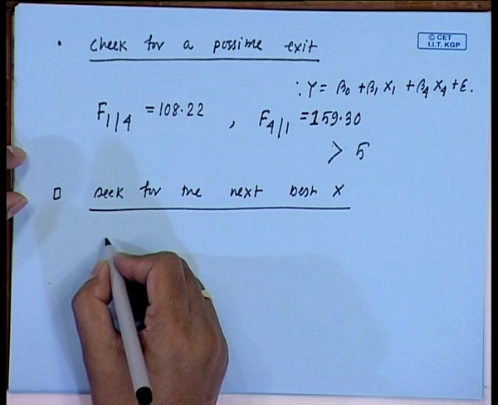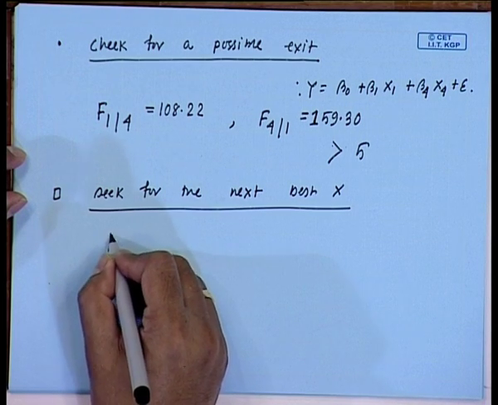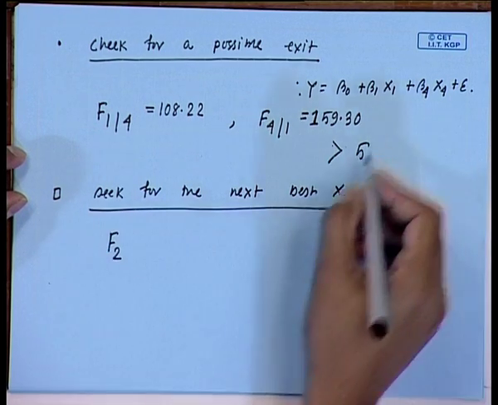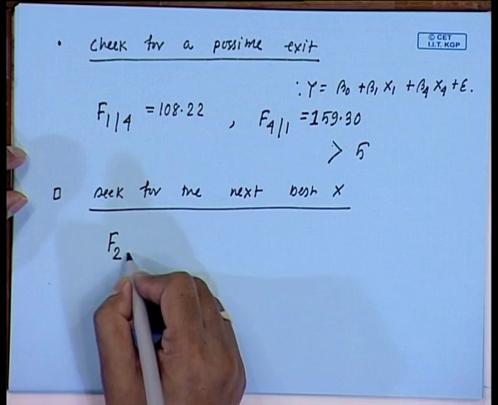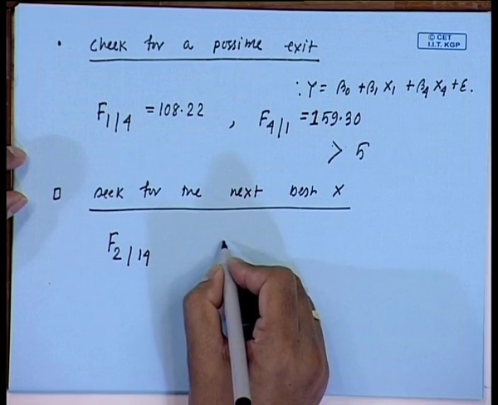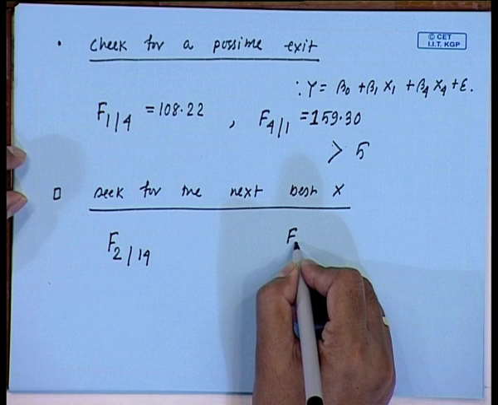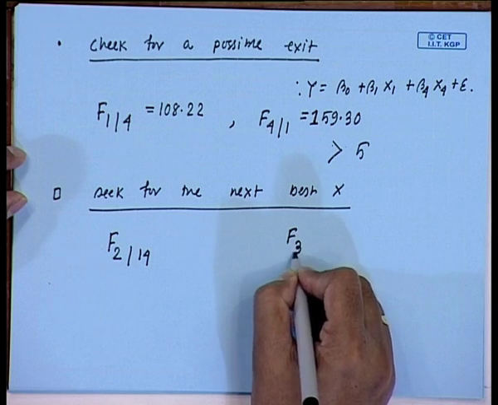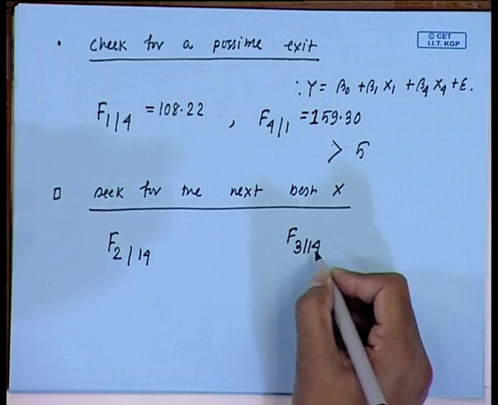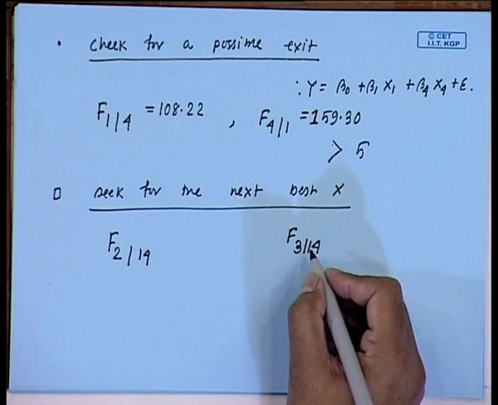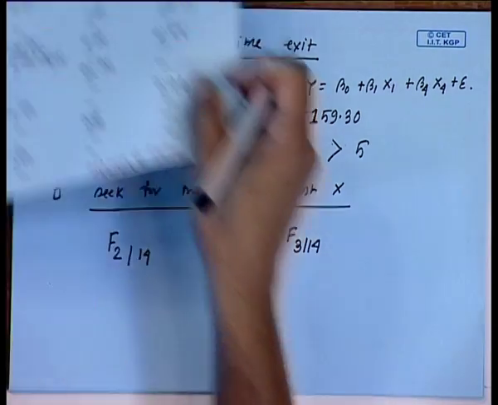Now, we check the partial f statistics value whether x 2 can be included in this model. So, f 2 1 4 and we also check f 3 1 4. Okay. So, here is my table.